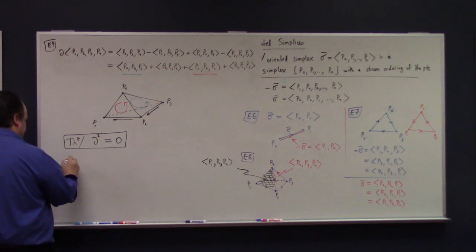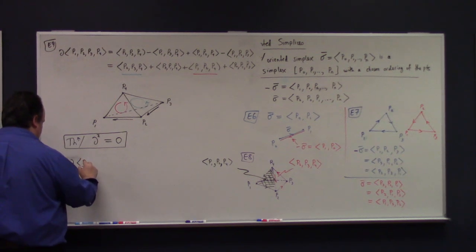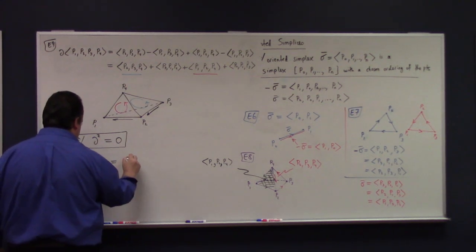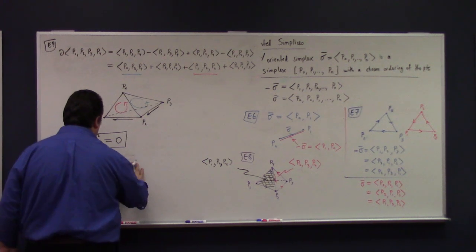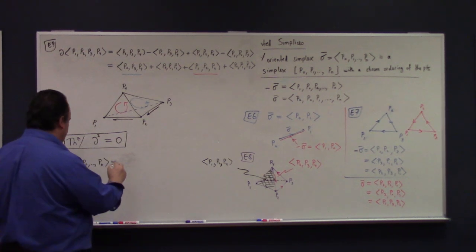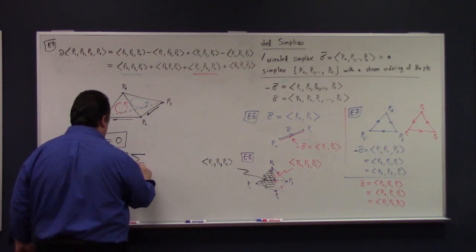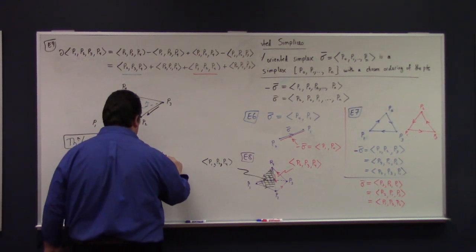So we've got the boundary of P0 through Pn, right? So this is the sum, that's the boundary of, first of all, the sum j equals 1 to n of minus 1 to the j, delete the jth face, right?